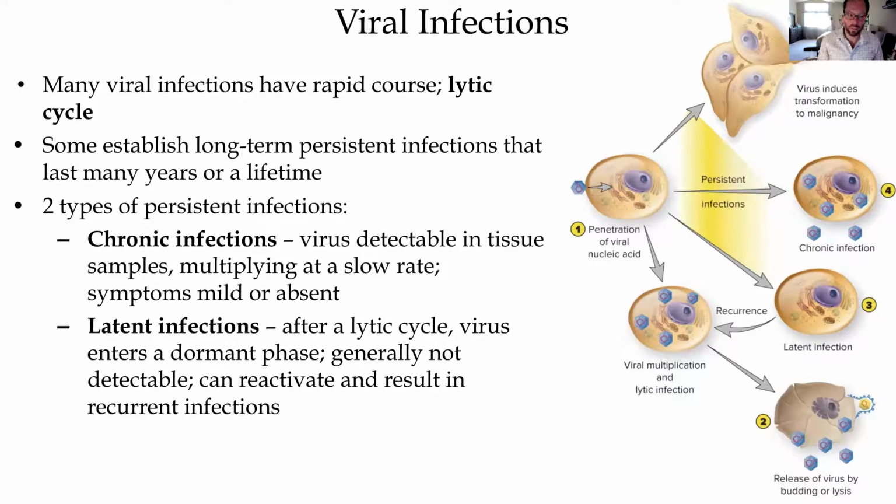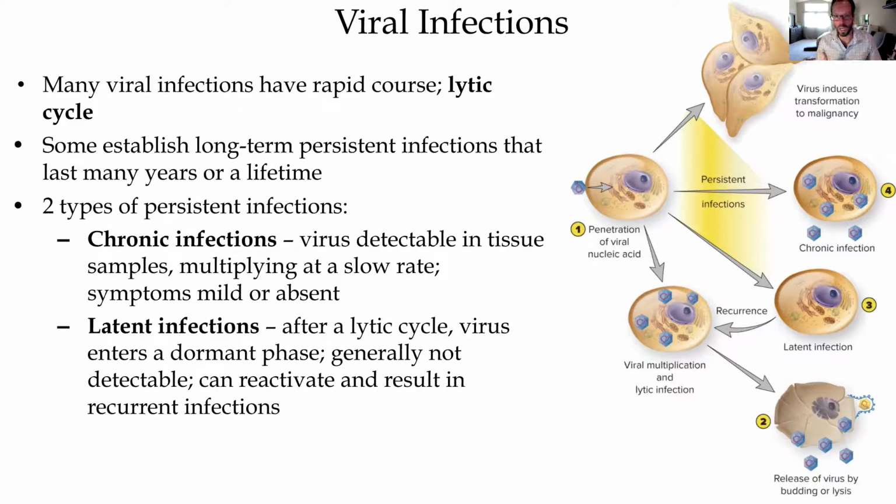And those latent infections are going to come back and haunt that host later on. Or, you can have a chronic infection where it's detectable in the tissue, but it's really dividing and making new viruses at a super slow rate. And it's so slow that you really don't have any symptoms, or you might have very mild symptoms, okay?